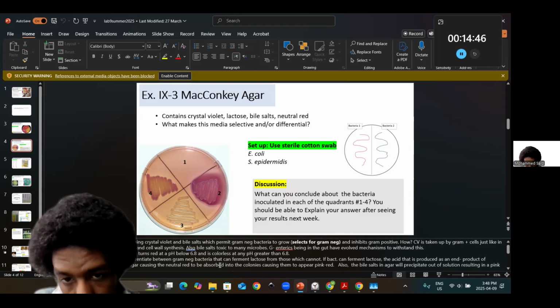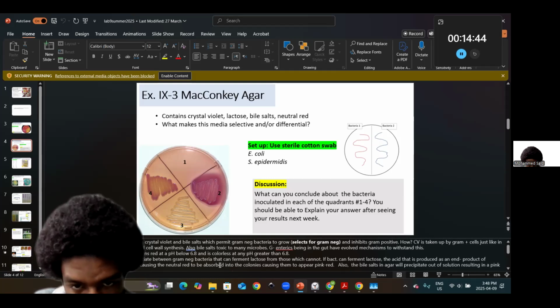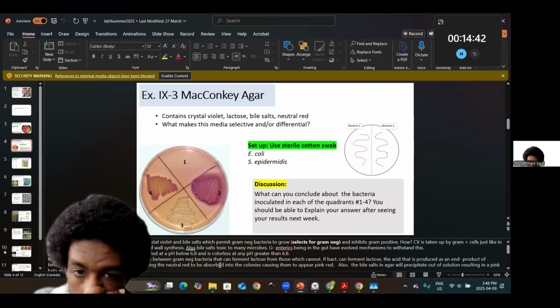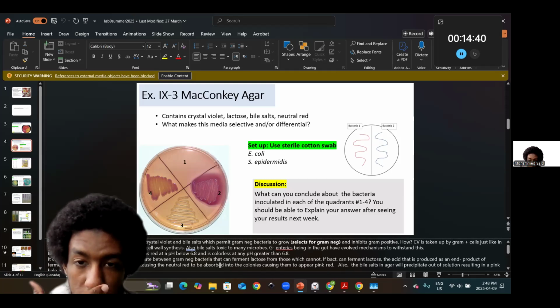So the bile salts essentially, with crystal violet in this case, serve to select for the growth of gram-negative bacteria, or select for only specific bacteria to grow.